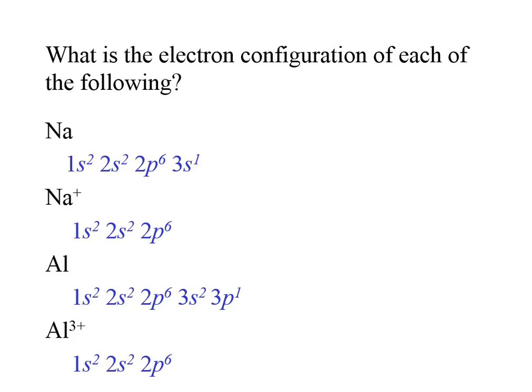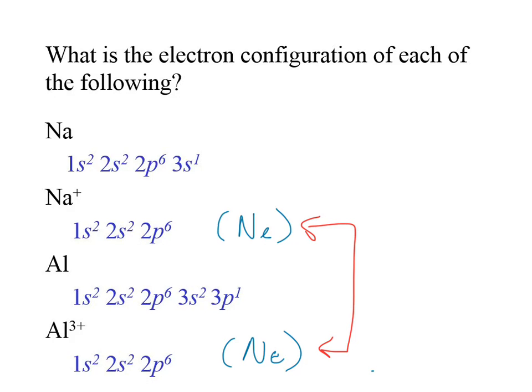So not so surprising, they're in the same period. I said that this is like neon, and this is like neon. I have a slide coming up, and again, it's another favorite vocabulary word of mine. It kind of rolls off your tongue. These cations are called isoelectronic.